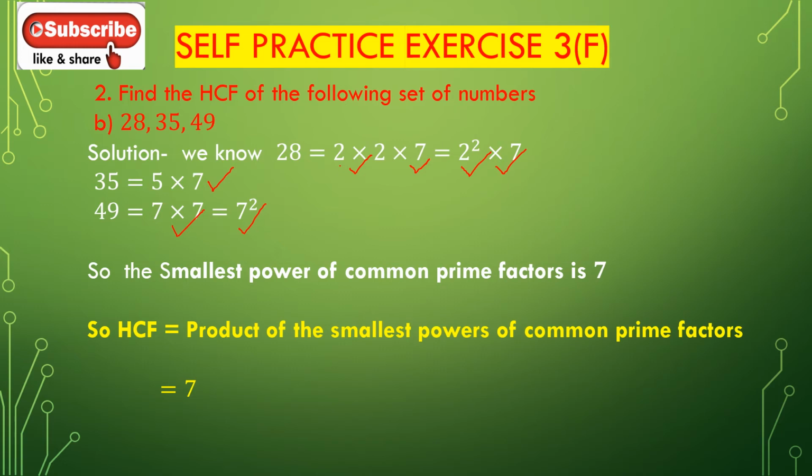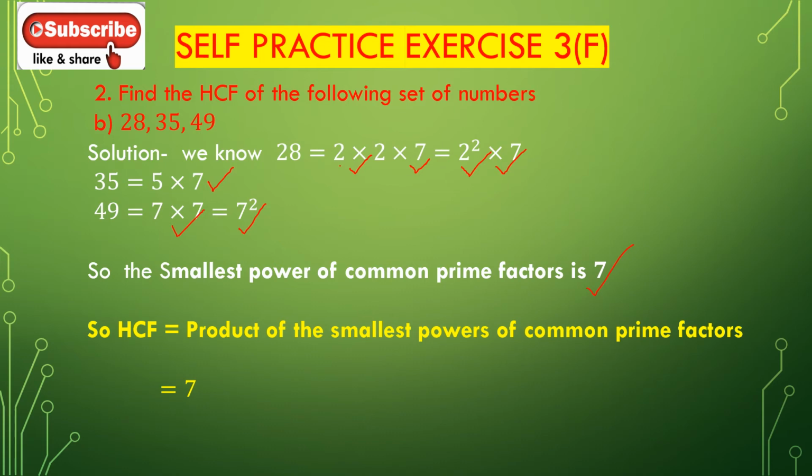And in 28, 7 is a prime factor, in 35 also one 7 is there, and in 49 two 7s are there. So the smallest power of common prime factor is 7. In these three numbers 7 is the common prime factor.